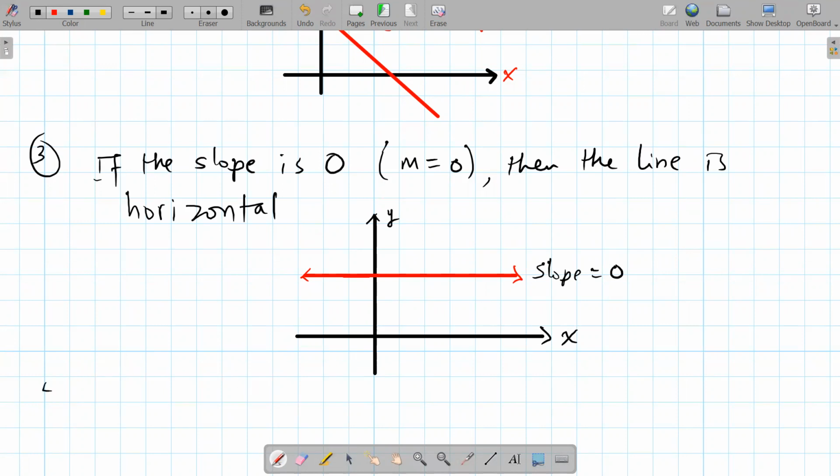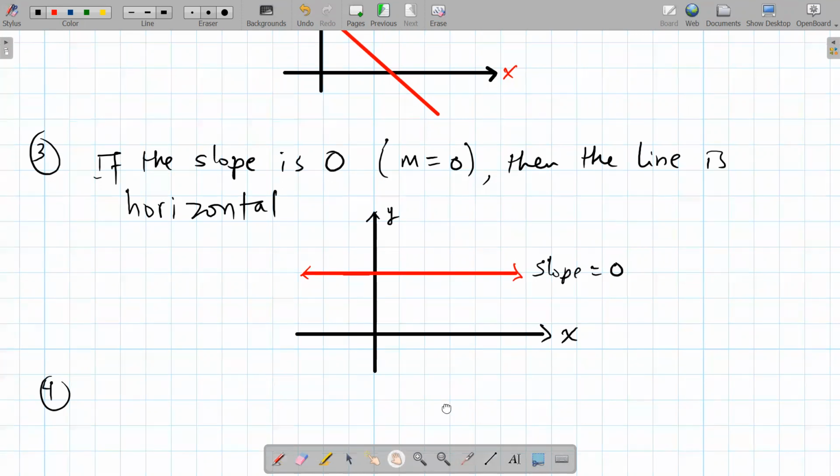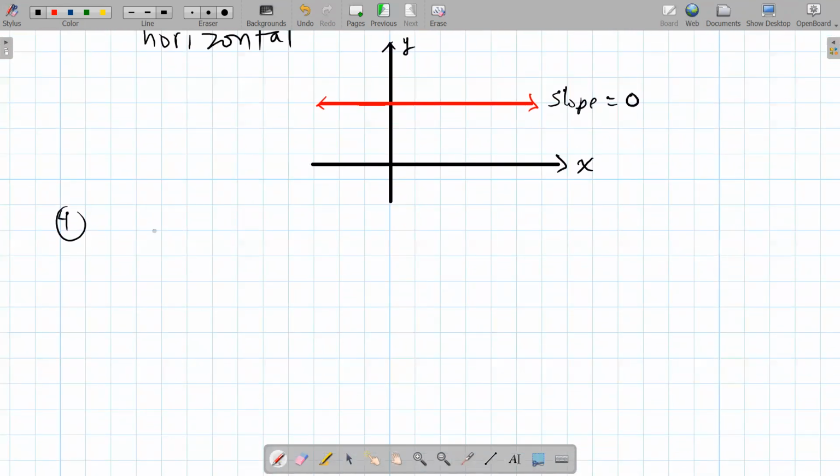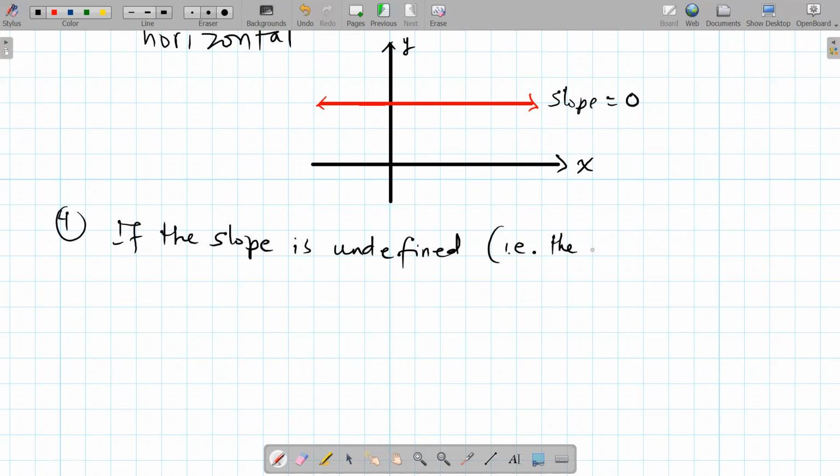And finally, we have the fourth one. If the slope is undefined, and when we say undefined, that is the denominator goes to 0.